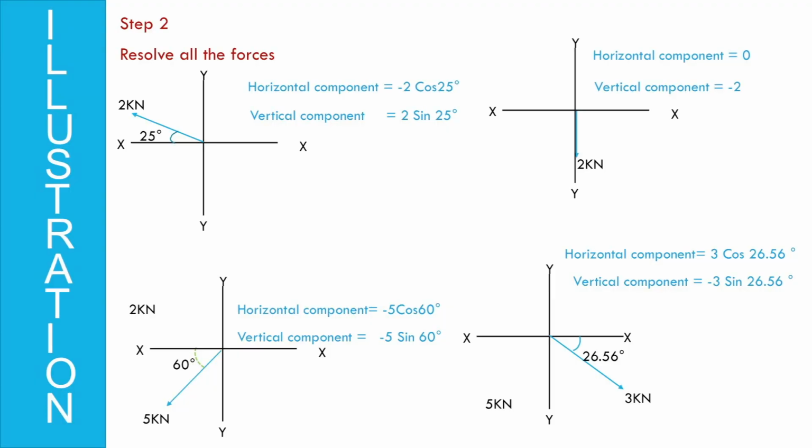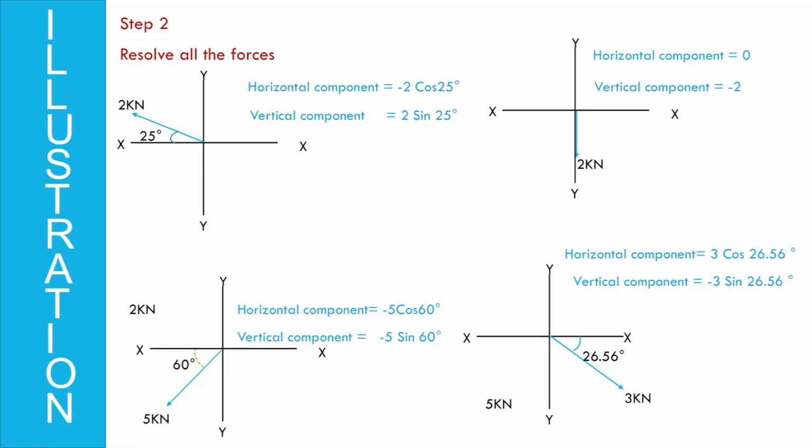We will come to the third force, 5 kilonewton in the third quadrant, making an angle of 60. We will resolve it into 5 cos 60, 5 sin 60, both are negative because it is in the third quadrant, which corresponds to the negative side of x and negative side of y.